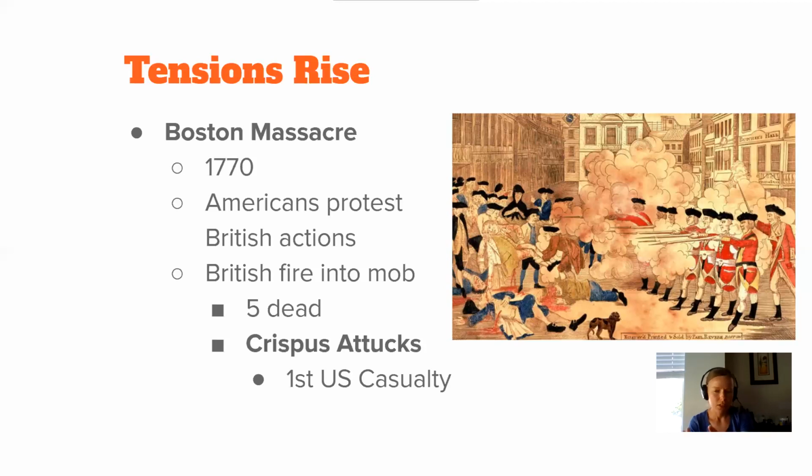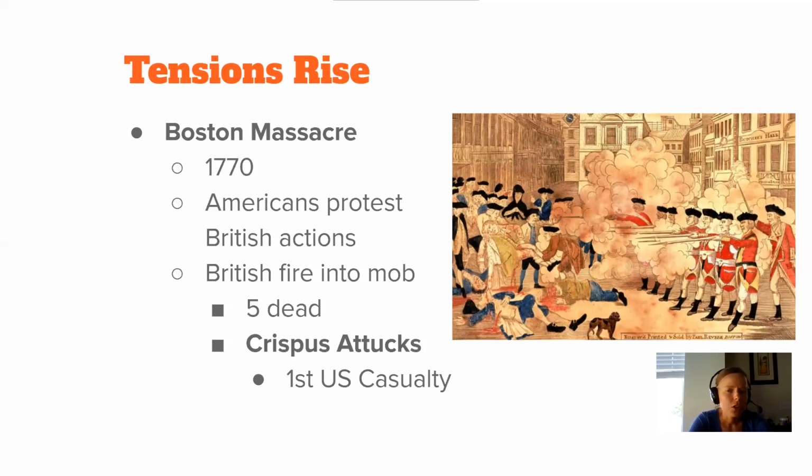So he's half Indian and half African American, and he's probably the first person to die at this Boston Massacre. So Crispus Attucks, this African American man, is seen as kind of the first person to die for our country, for the United States, because this event is going to directly lead to the American Revolution.